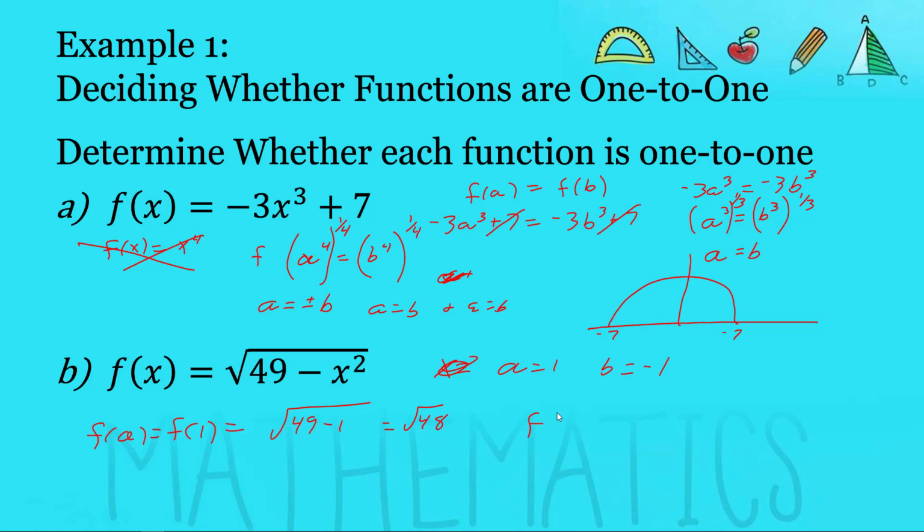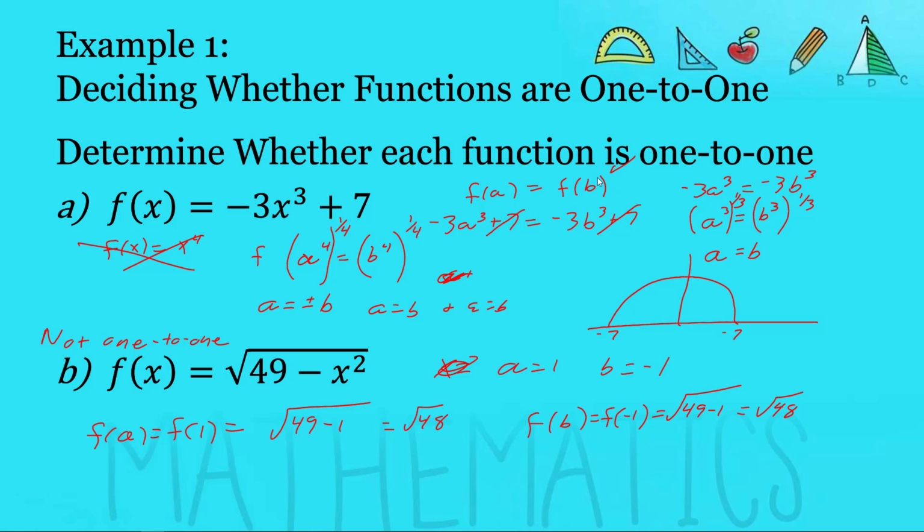F of b, which is f of -1, is going to be equal to the square root of 49 minus -1 squared, which is just 1, so 49 minus 1, which will also be the square root of 48. So here we found two values in the domain that produce the exact same value in the range. As a consequence, this is not 1-to-1.